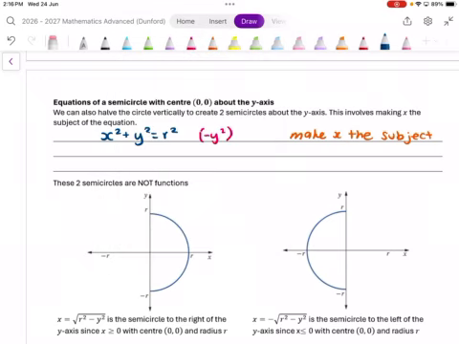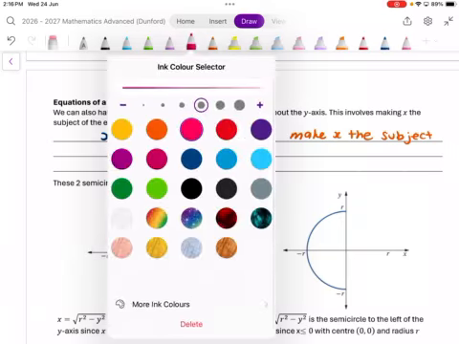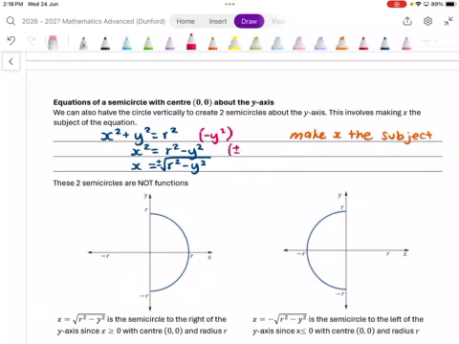So we'll get x squared equals r squared minus y squared. So x will equal plus or minus the square root of r squared minus y squared. So it's pretty much just the same. It's just our x and our y's have swapped spots.